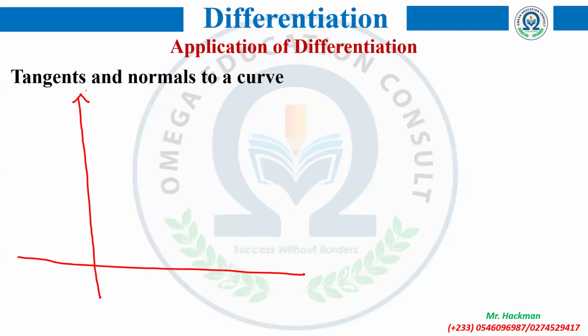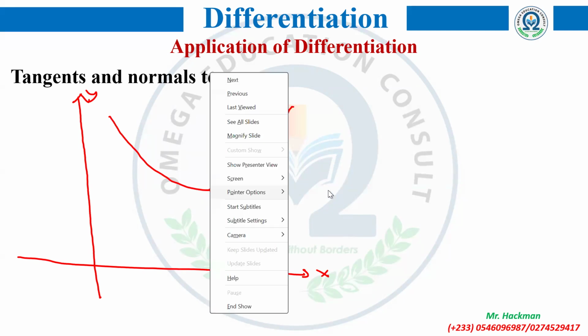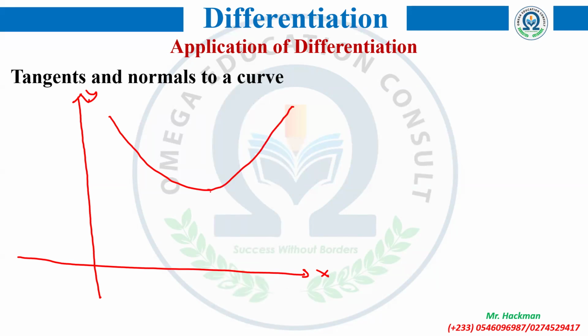So assuming this is my y-axis, this is my x-axis, I'm using freehand, and I have my curve, let me use a quadratic curve. At this point, I can find the tangent here. So that will be a line drawn to pass through that point, cutting my curve at exactly one point.